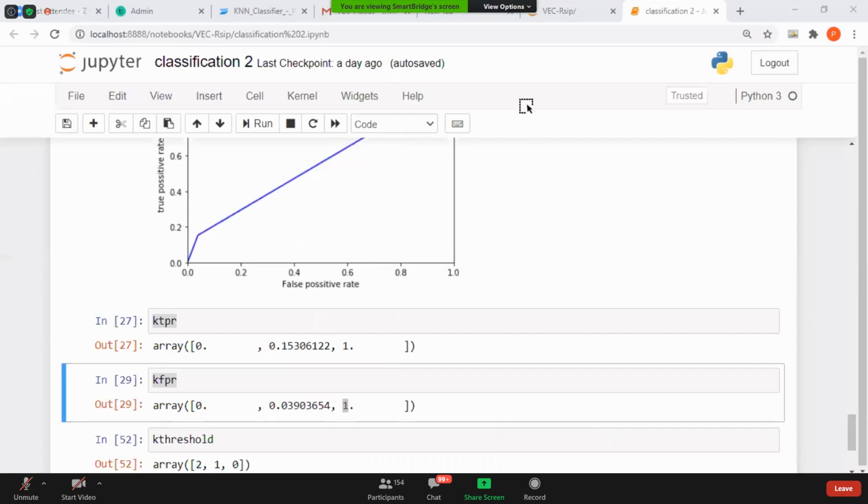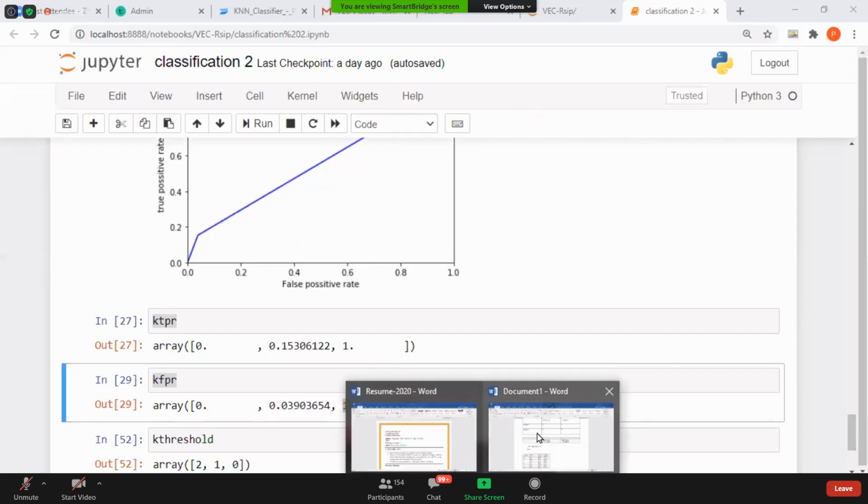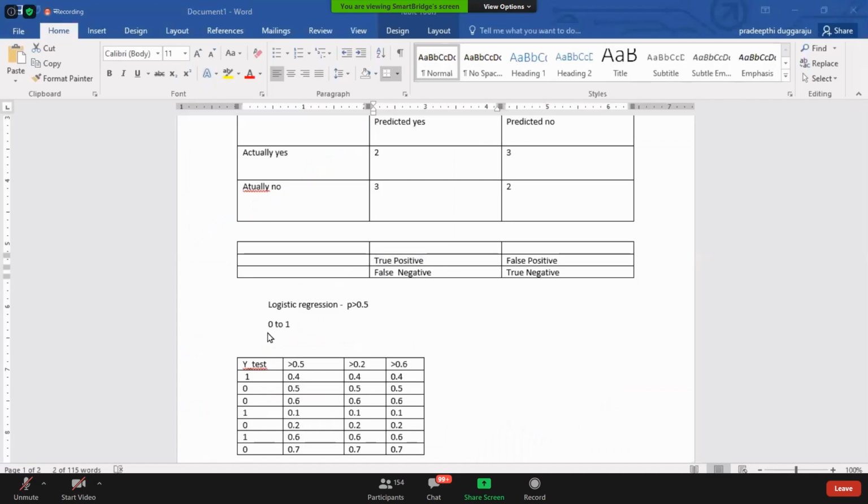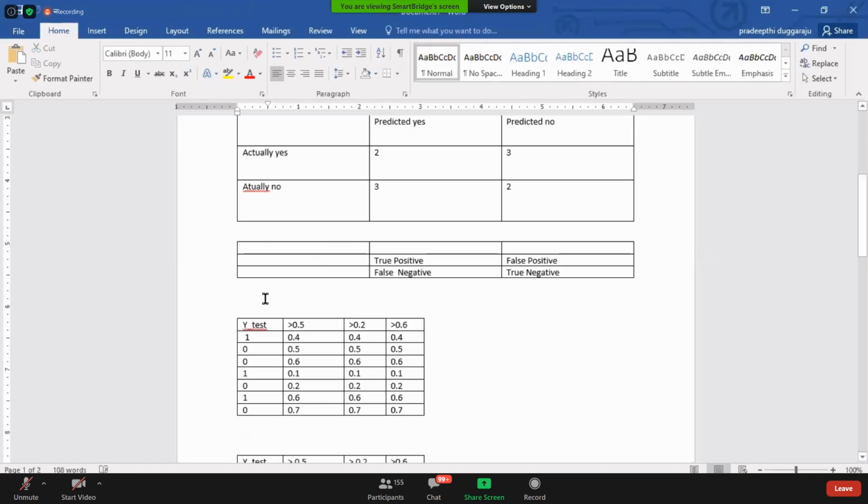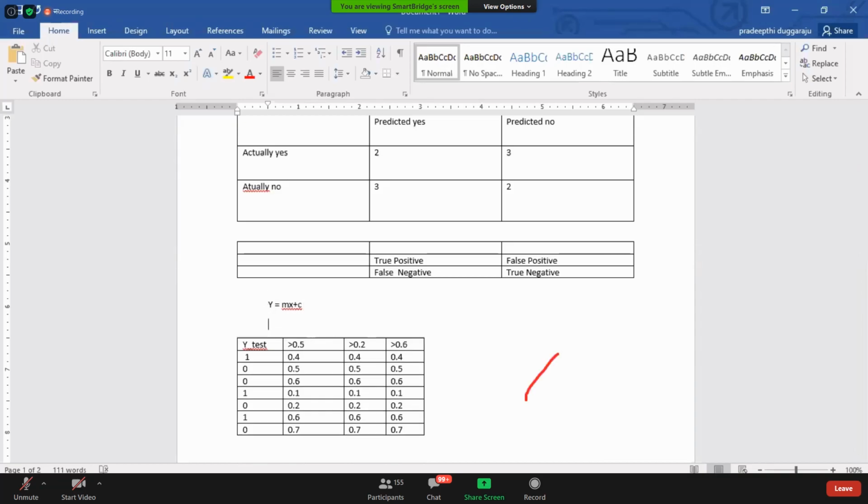Now, I hope everyone understood the concept of logistic regression. Yes or no? So first we do some sort of regression, y is equal to mx plus c. You get a value. Do not draw or annotate anything, guys, please.